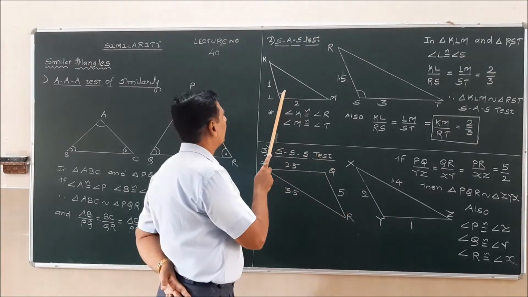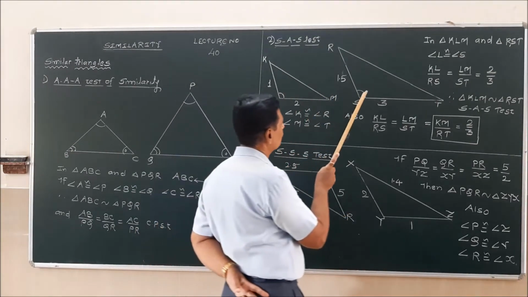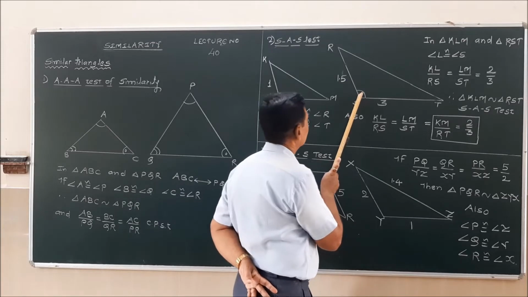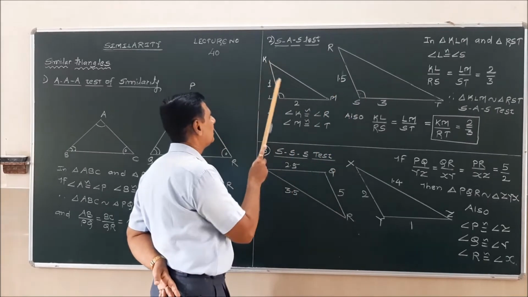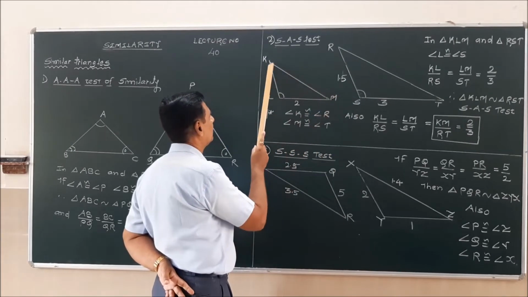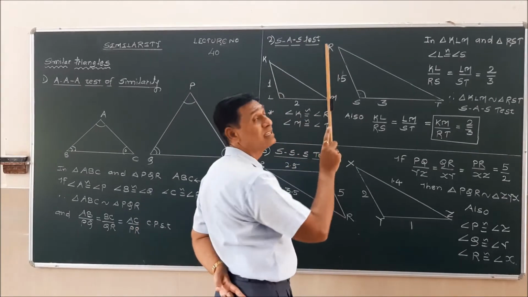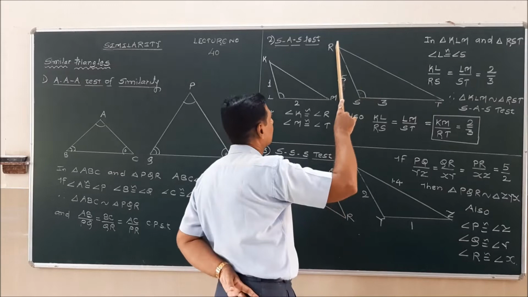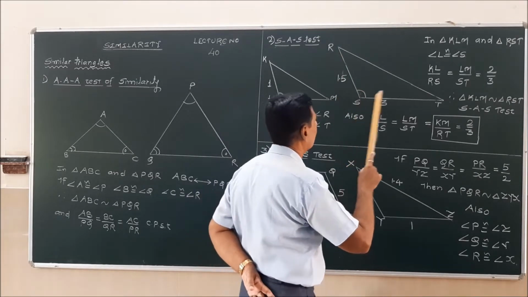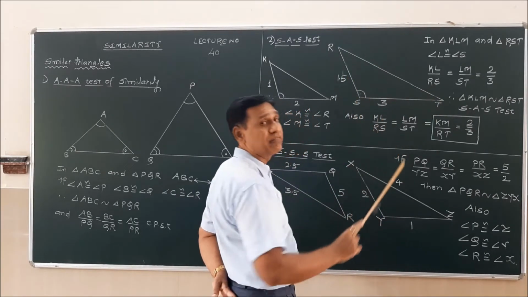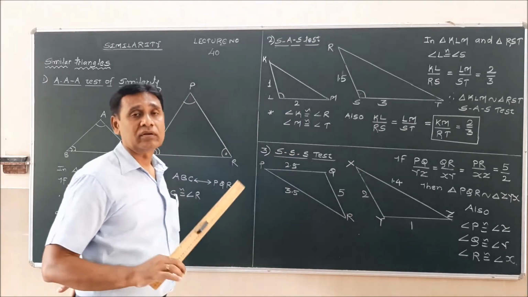So you will find that angle L is also congruent to angle S. Then triangle KLM is similar to triangle RST. By which test?